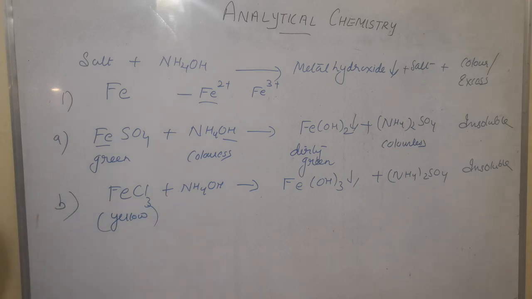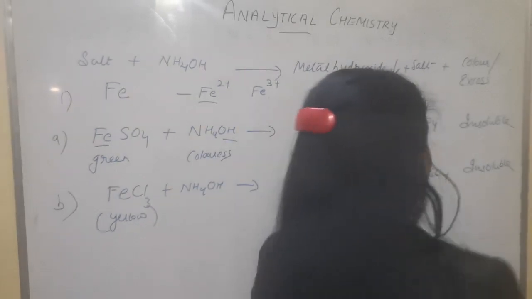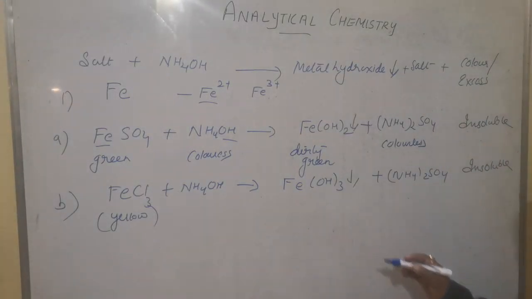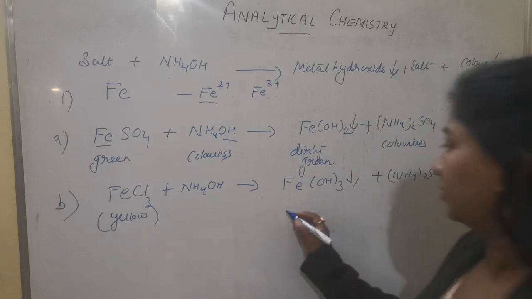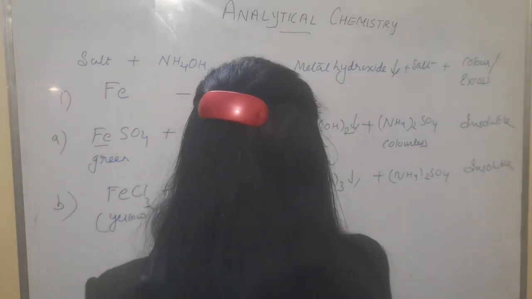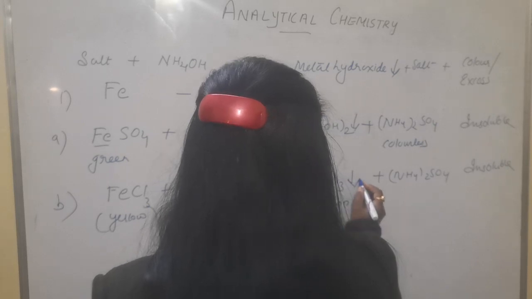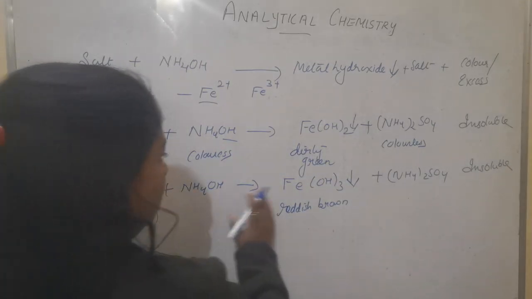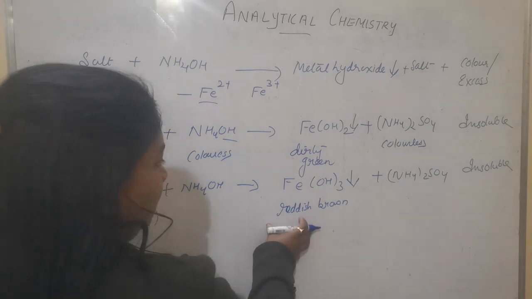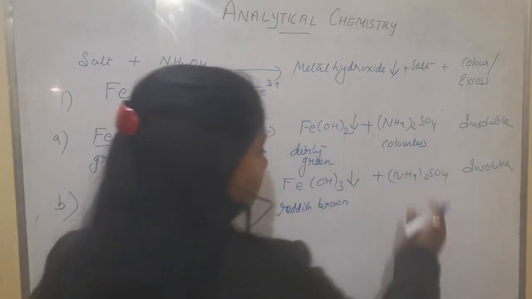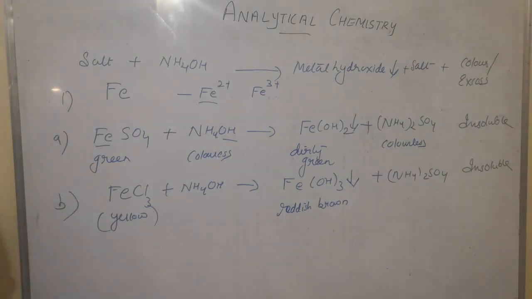Yellowish brown. Its color is somewhat yellowish brown. So when you get this precipitate, it could be of reddish brown color. And addition of excess of NH4OH would not be able to dissolve this precipitate, and it will remain insoluble in the solution.